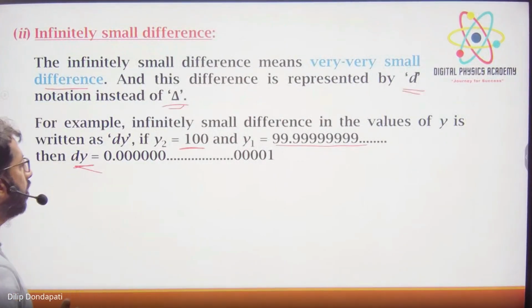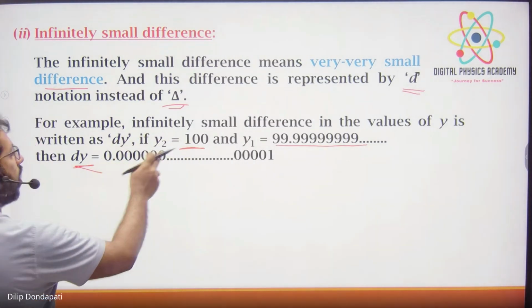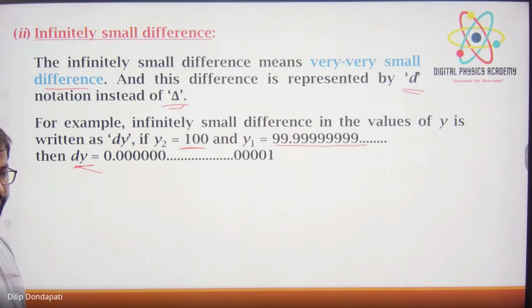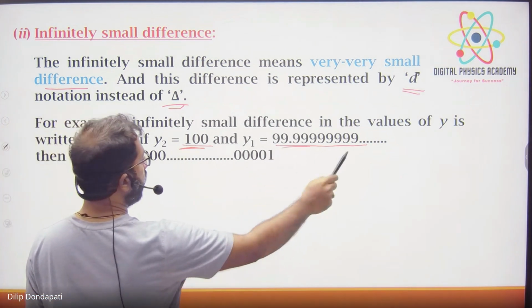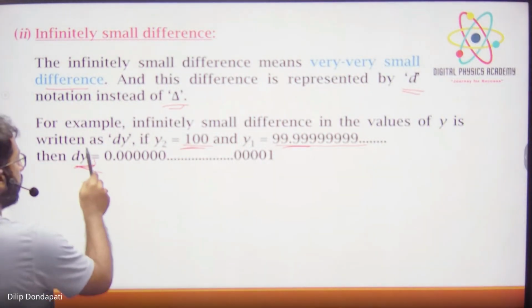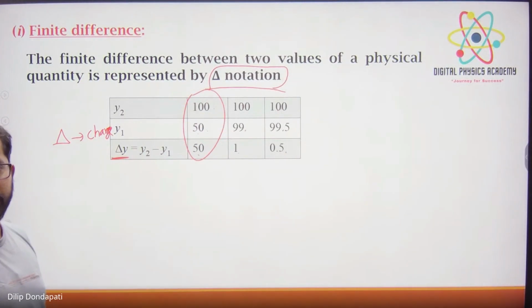Delta means change in y. Here it will be a small change in y. Very close. That's it. With y2 and y1, if we subtract, dy will represent it.